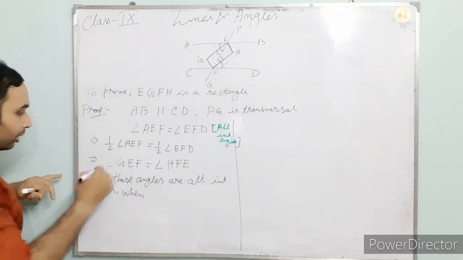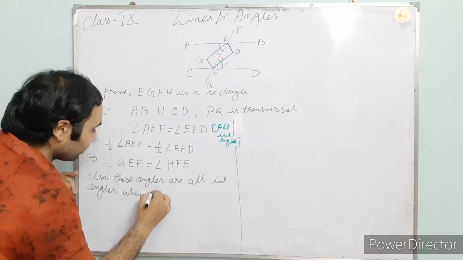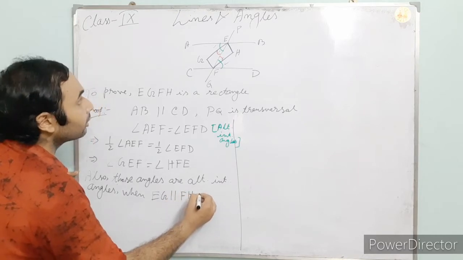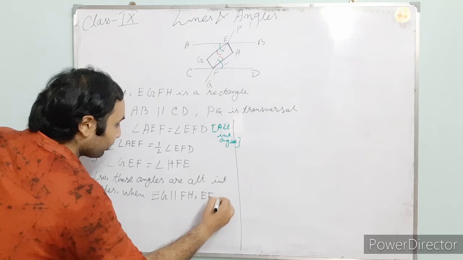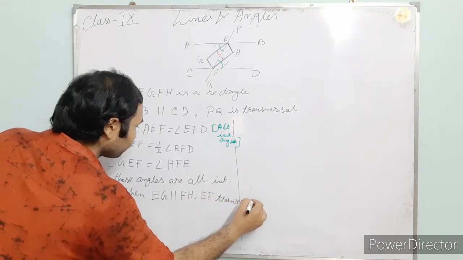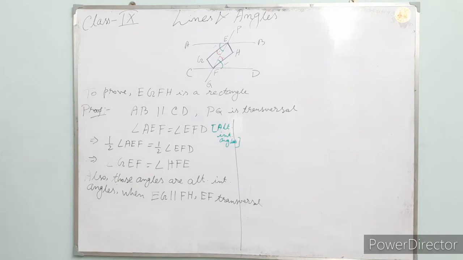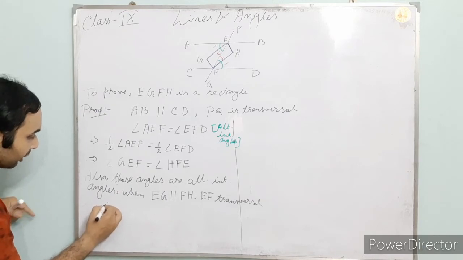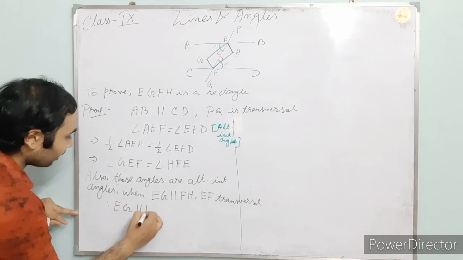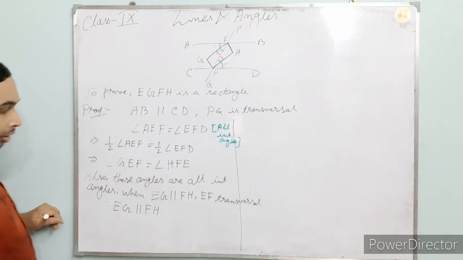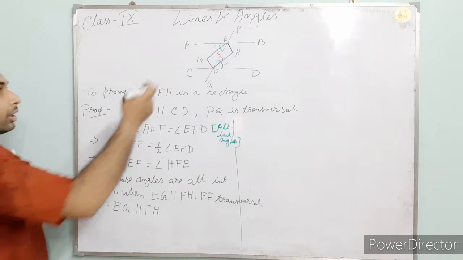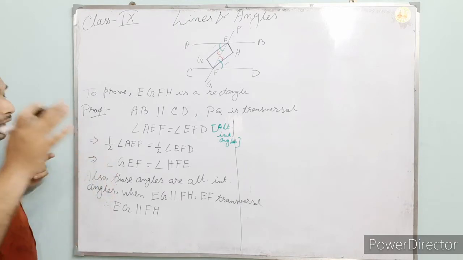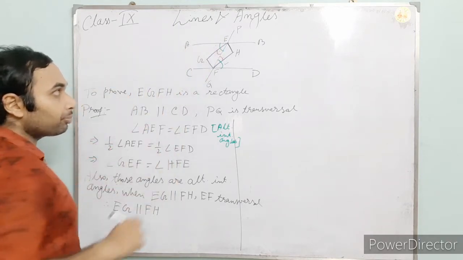So I am writing that condition: EG is parallel to FH and EF transversal. So from here we have got the result that is required, that is EG is parallel to FH. With similar logic, whenever we take EH and GF into consideration, we can say those are also parallel.